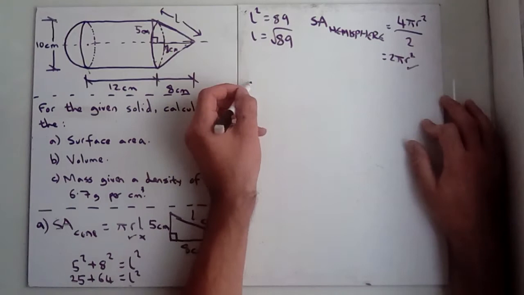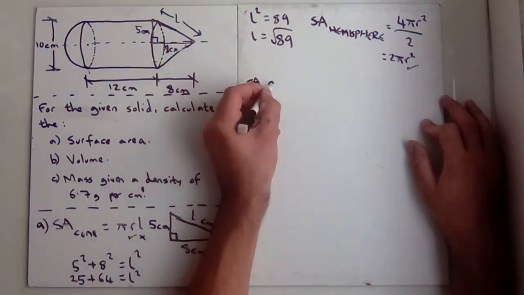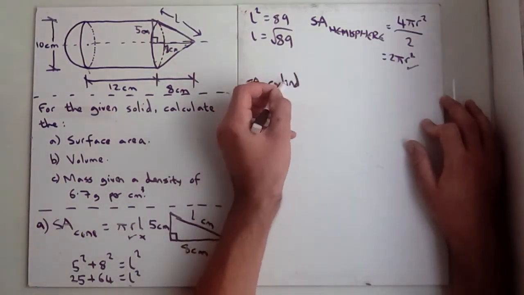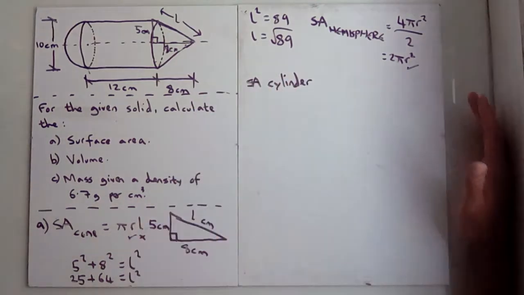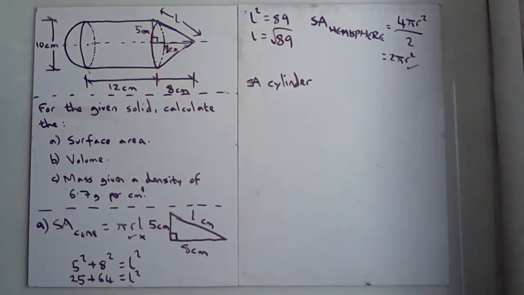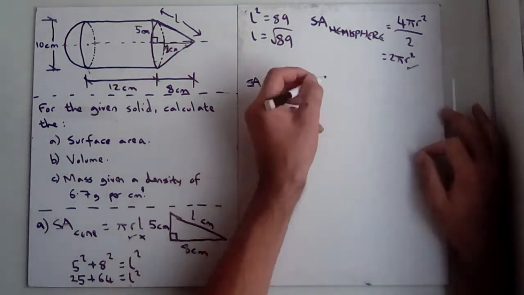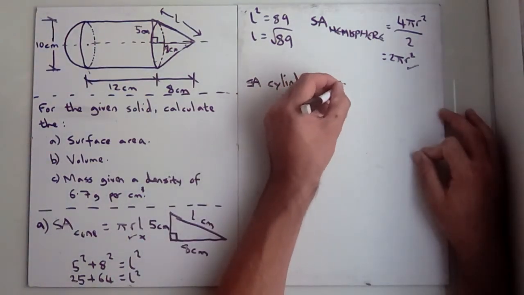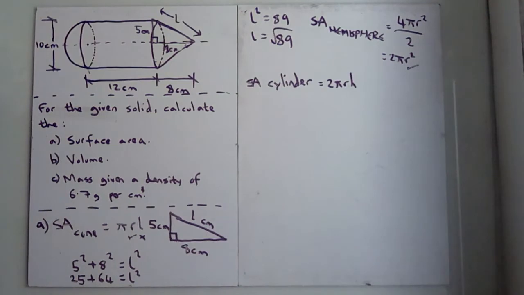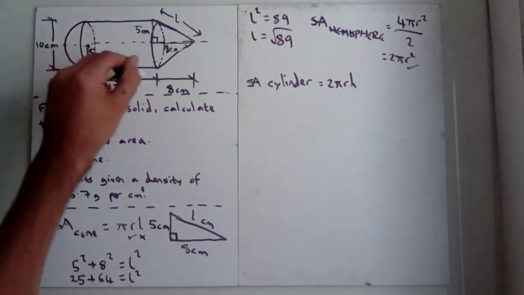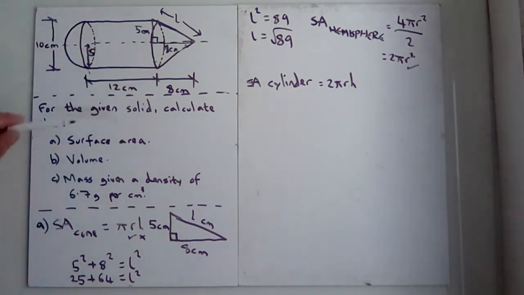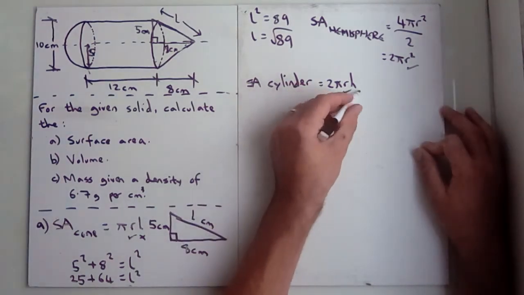And then we have the surface area of the cylinder, and we only need the curved surface area, which I think is all the formula sheet gives you, but it's 2 pi r h, where r's the radius, so r is going to be this 5 again, h is this 12. 2 pi r, remember, it's the circumference, the distance that the cylinder wraps around. So we have r, we have h.